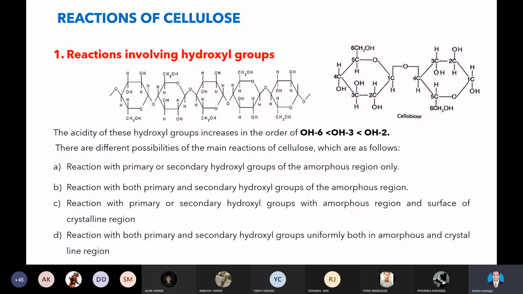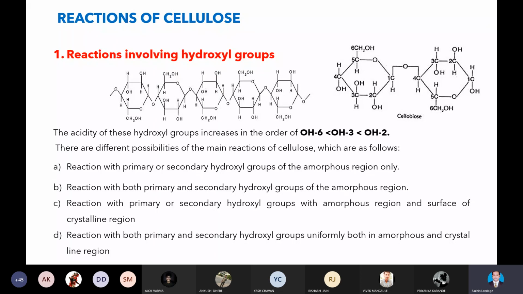Now, again there are different types of reactions taking place: reactions with the primary or secondary hydroxyl groups of the amorphous region only. Here we got the crystalline region and the amorphous region. In the amorphous region we got free hydroxyl groups, whereas in the crystalline region there is a compact arrangement and hydrogen bonding.